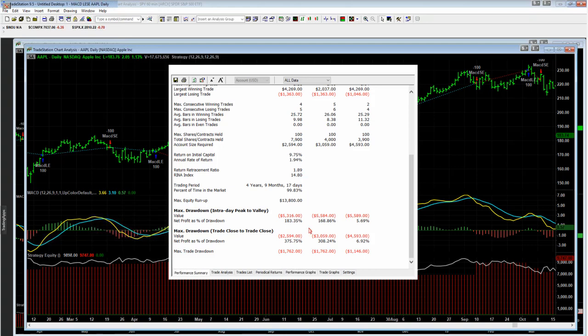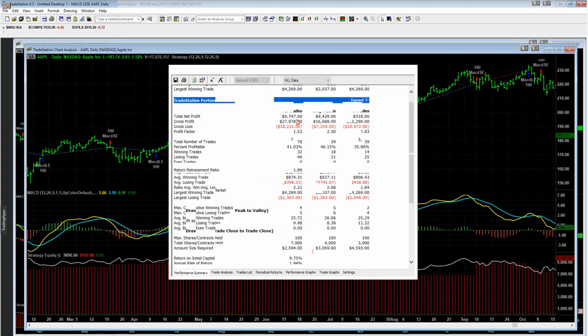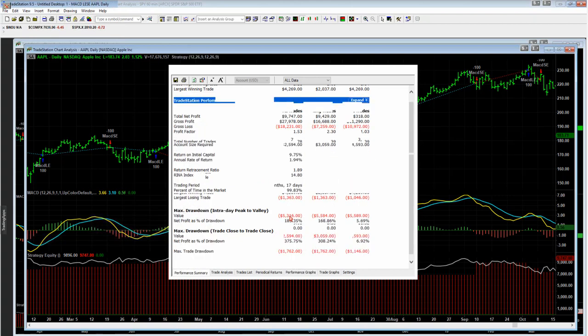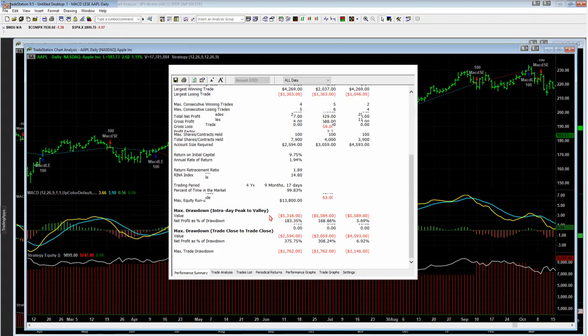And of course, here at the bottom you can see our drawdown. Here we have a $5,000 drawdown intraday against a $10,000 profit. That's a pretty high percentage of our net profit at risk during one of these intraday peak to valley drawdowns.